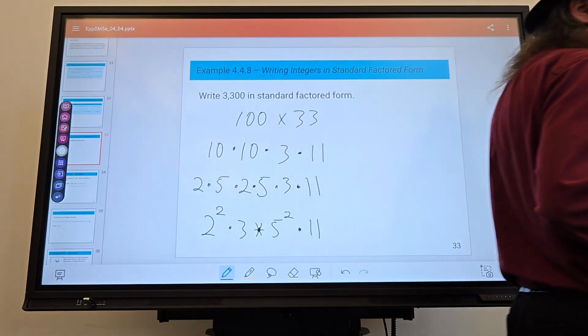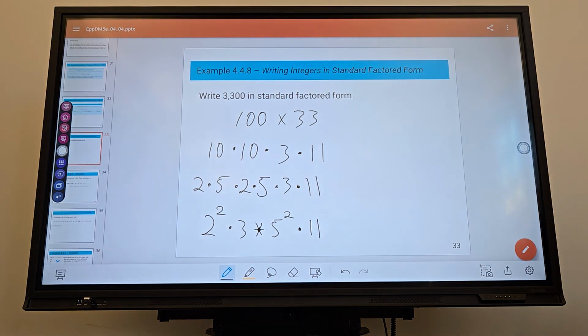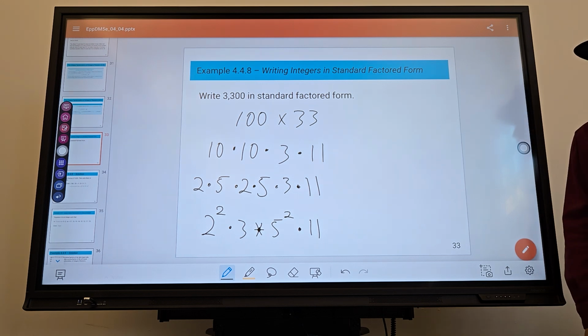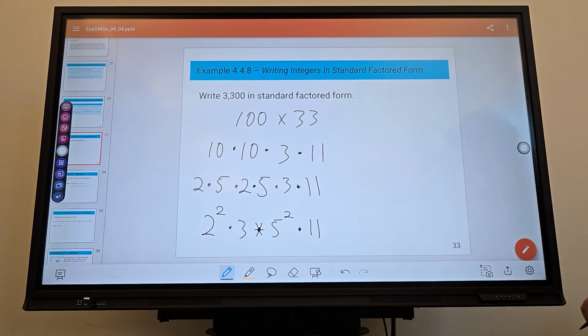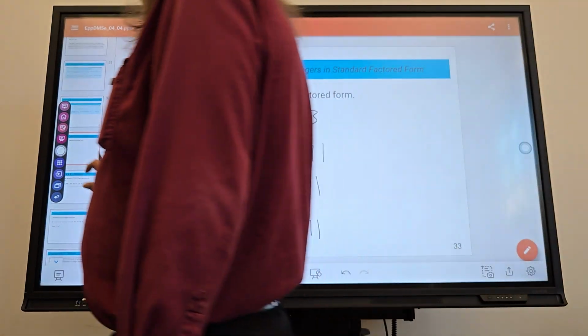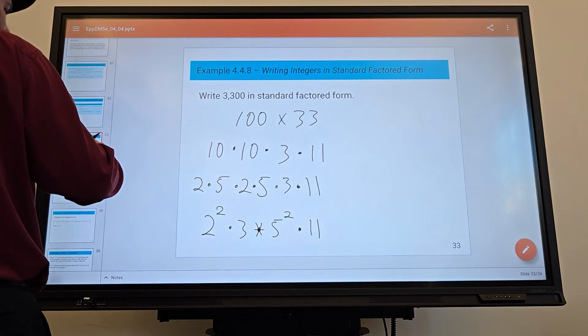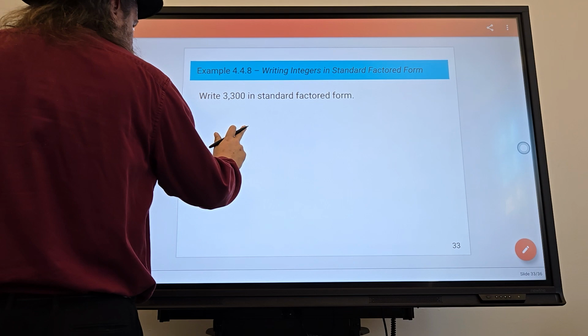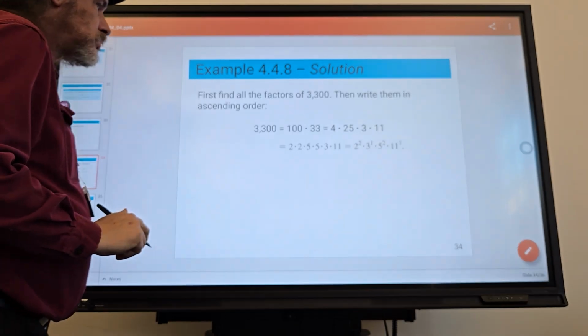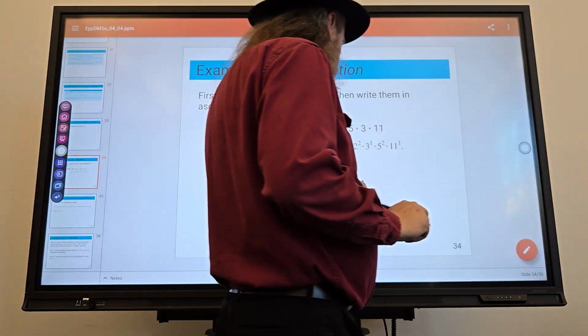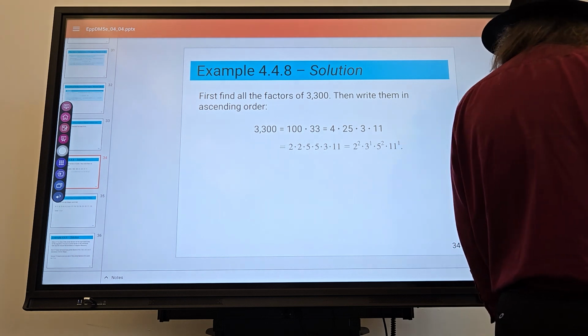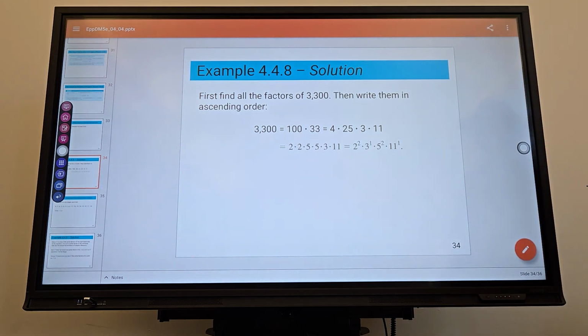See, the primes are done in order from lowest to highest, and rather than duplicating prime factors, you raise them to the appropriate power. So you get 2 squared times 3 times 5 squared times 11.